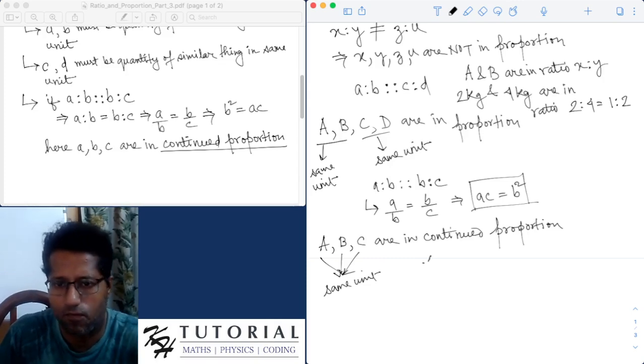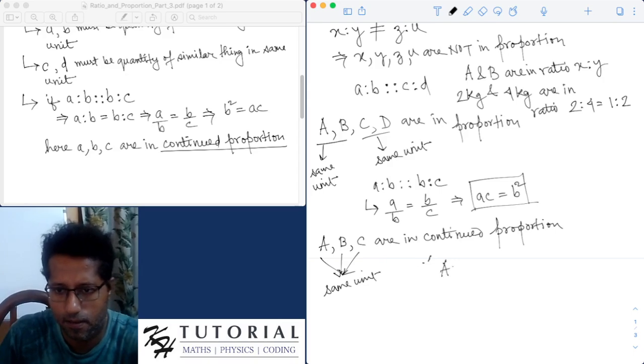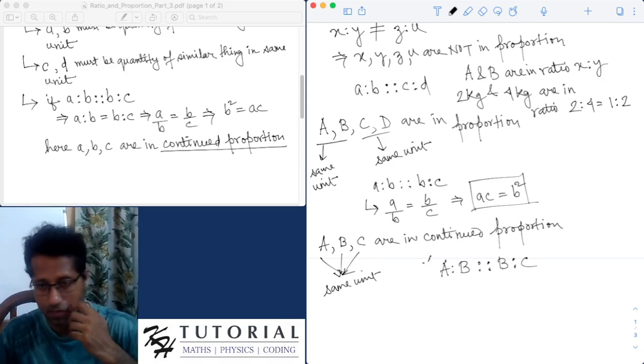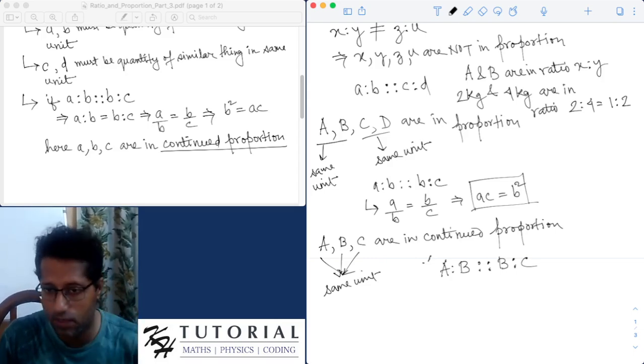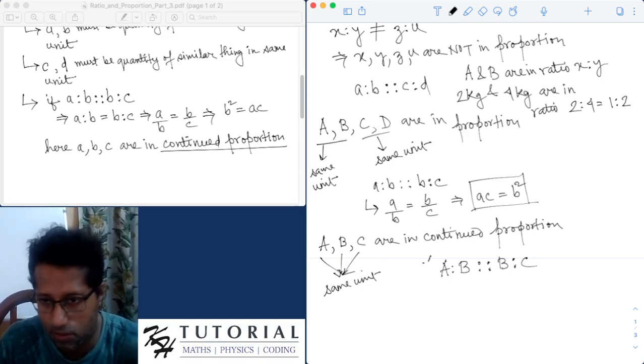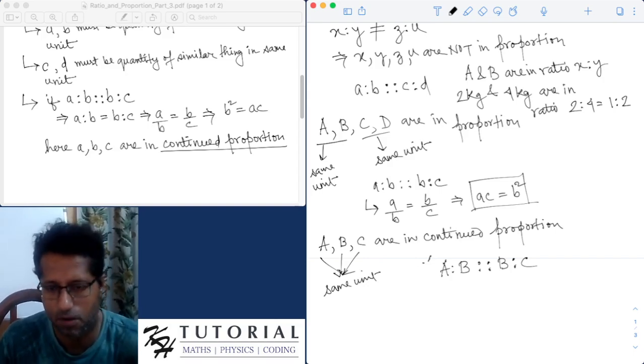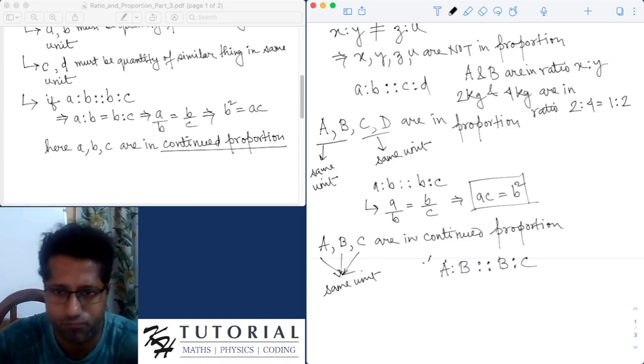Because A, B, C in continued proportion means that A is to B is equal to B is to C. So in the first ratio, A and B must be of the same kind and same unit, and also B and C must be of the same kind and same unit. So this implies that all A, B, C must be of the same kind and same unit.